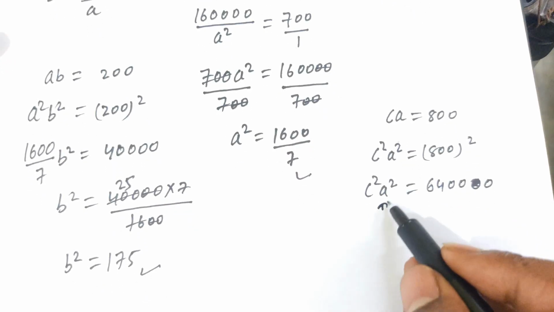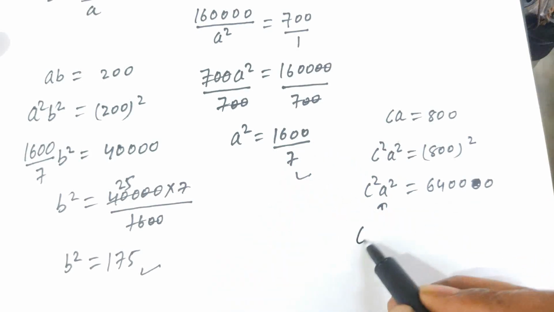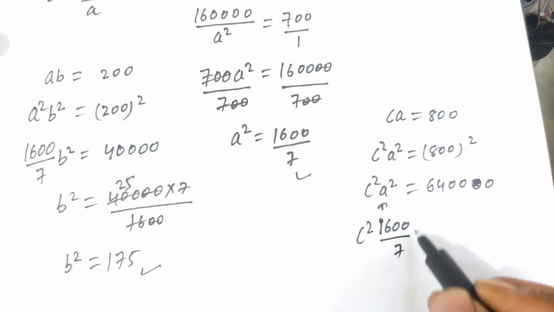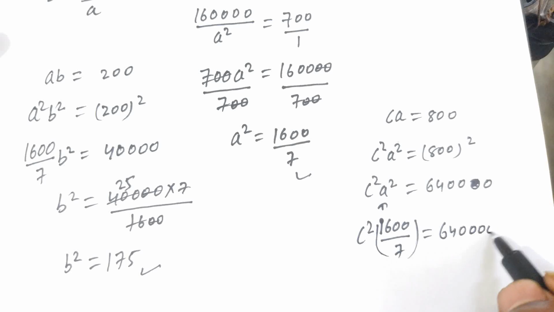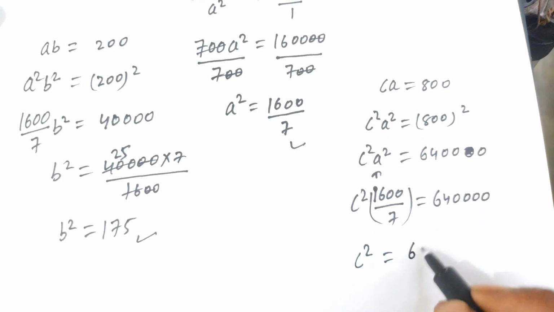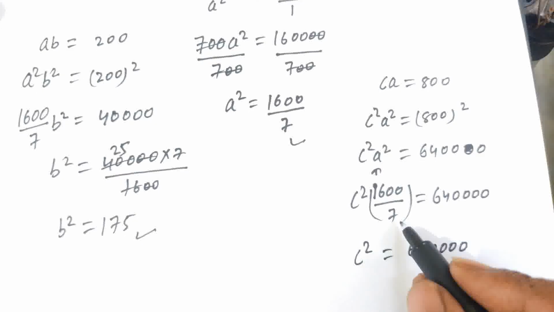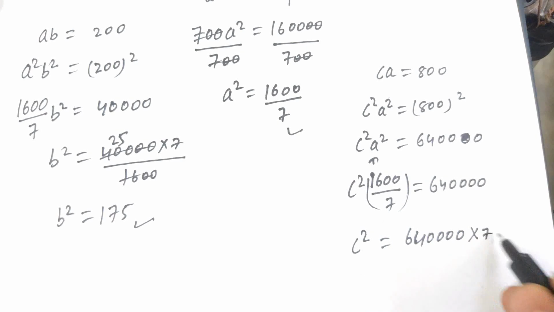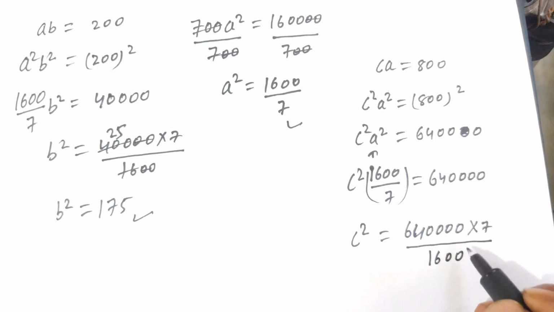Then we know that the value of a square is 1600 divided by 7, so c square times 1600 divided by 7 is equal to 640000. Then the value of c square is 640000, and this 7 on the left hand side is in division, so on the right hand side it is multiplied by 7 and divided by 1600.